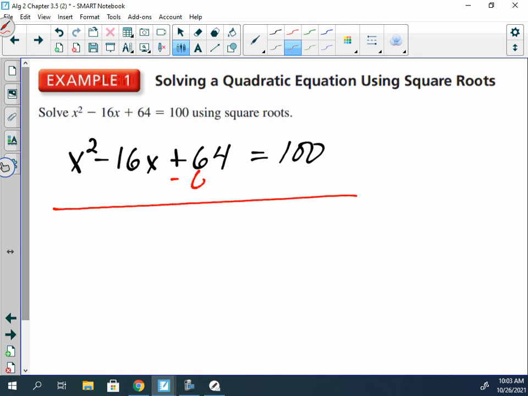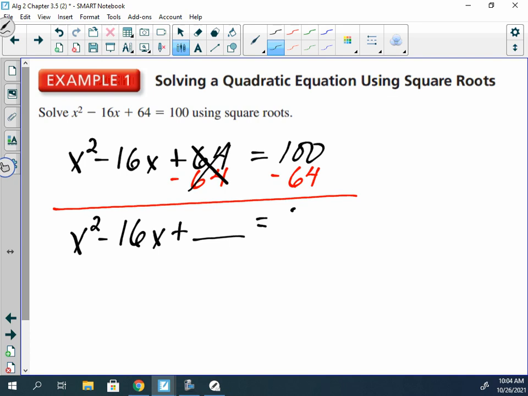So for here, that means I would subtract 64 from both sides. Now 64 minus 64 would cancel, telling us that we have x squared minus 16x plus blank is equal to blank, plus blank, because again, we're going to be putting that C value back in.